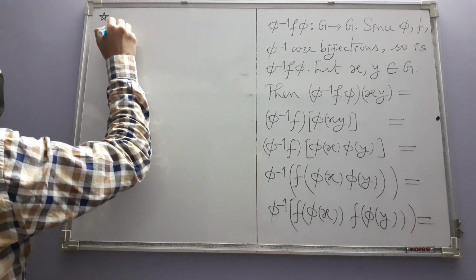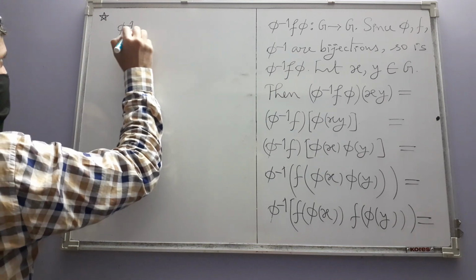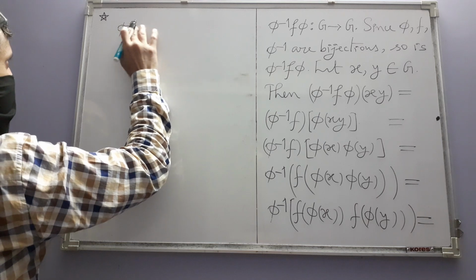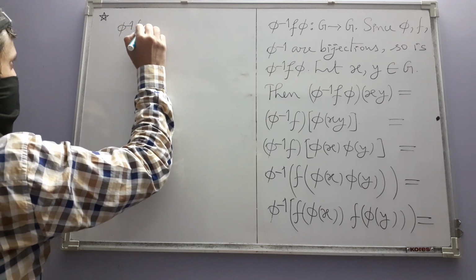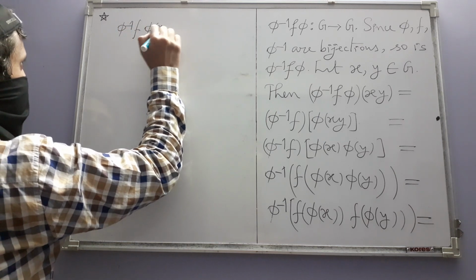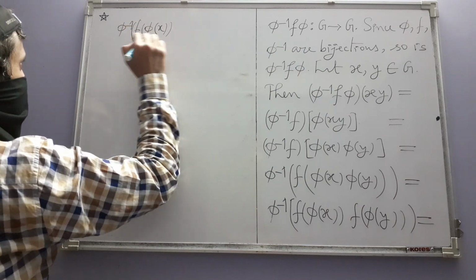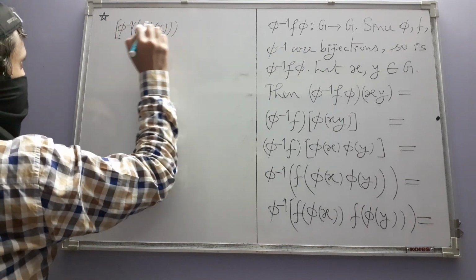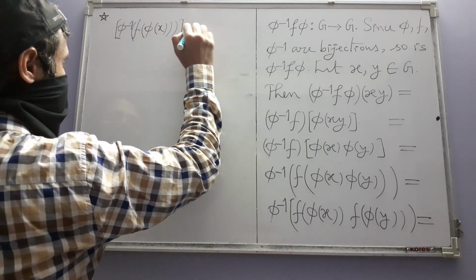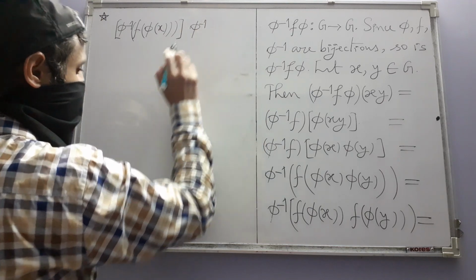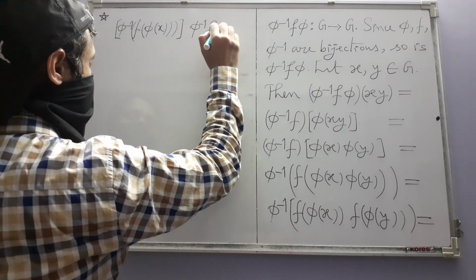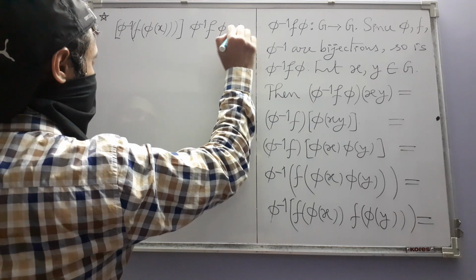So this will be phi inverse of f of phi of x times phi inverse of f of phi of y.